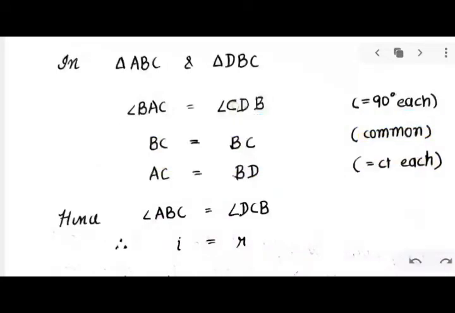Therefore, by the property of SAS, I can say triangle ABC and triangle DBC are congruent to each other. If they are congruent, by the property of CPCT, or the principle of congruence of triangles, I can say angle ABC equals angle DCB.